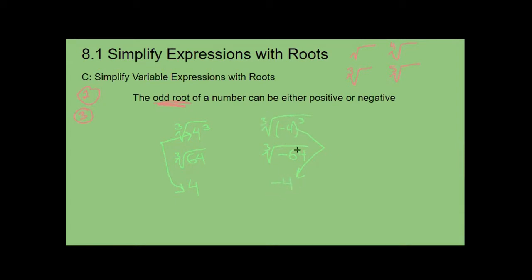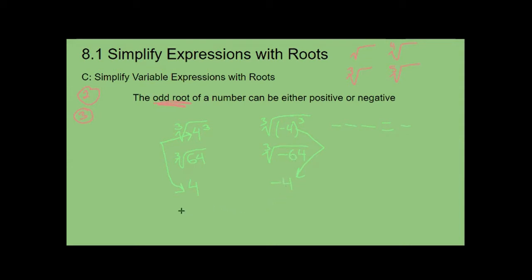So you return back to whatever is inside your root. The reason is because when you cube this, the negatives don't disappear. If you have a negative times a negative times a negative, that's going to be a negative. So you end up with a negative under there, and then when you cube root that, you still end up with your negative.